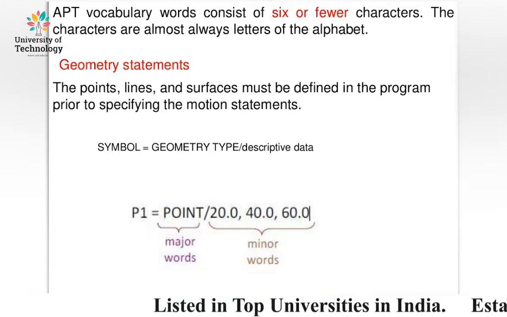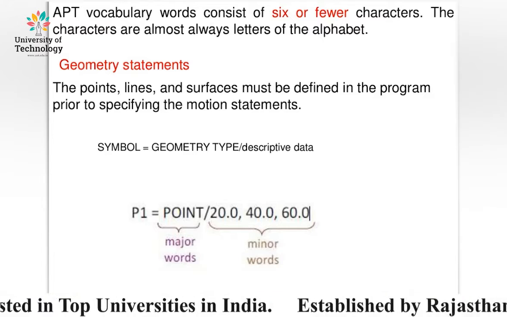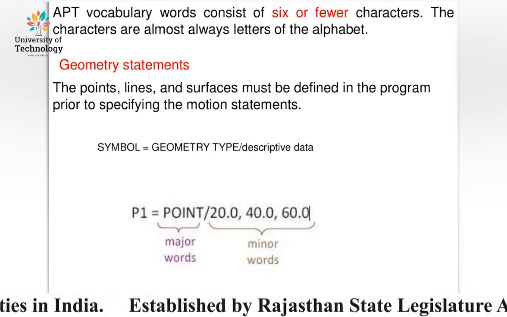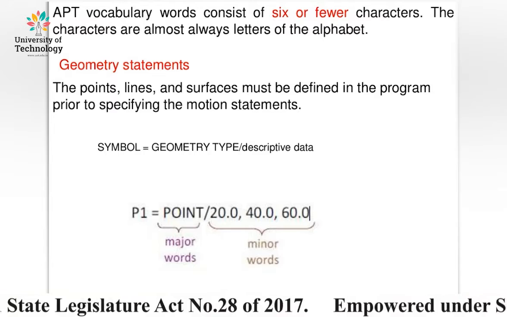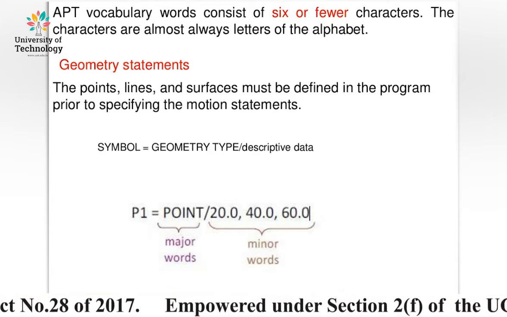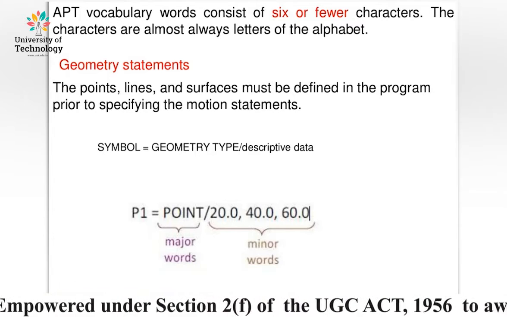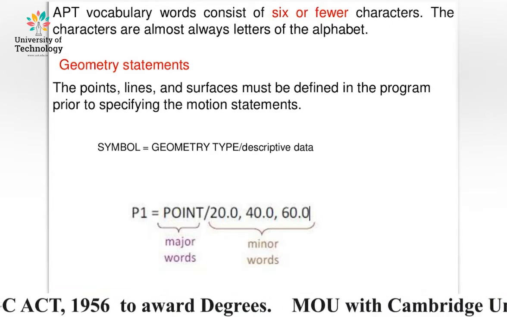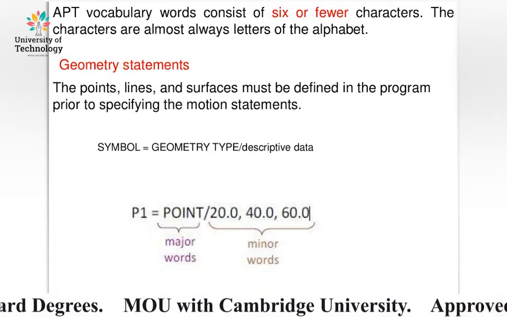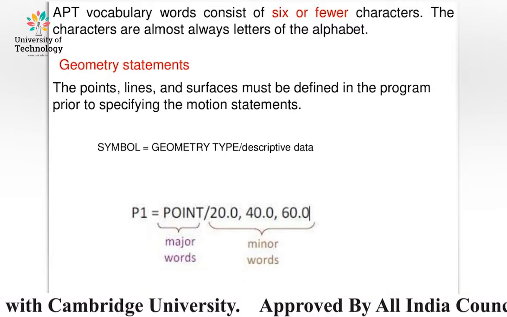For example, P1 is a symbol of geometry which is a point, written POINT in capital letters, slash 20, 40, and 60. These are descriptive data, that is, the coordinates of the particular point.